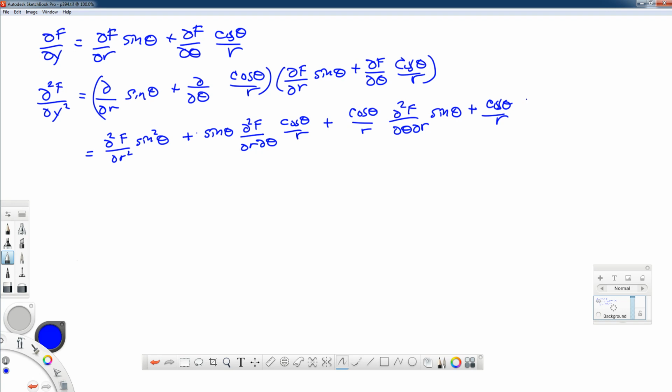We're going to have the partial of f with respect to r, and then we're going to have the partial derivative of sine theta with respect to theta. Derivative of a sine is a cosine. So we'll have this term right in here. Okay, so this multiplication blew this up into two terms. Likewise, I'm going to blow this one up into two terms as well. And I may need to check my other terms too.